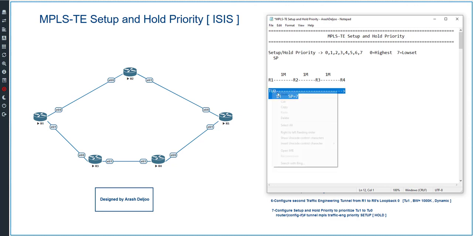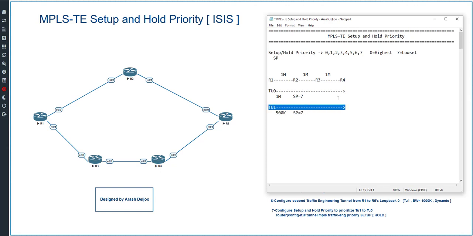Assume that we are configuring the next tunnel, for example, tunnel 1, and tunnel 1's requirement is, for example, 500 kilobits per second. And you know that the default setup priority of every tunnel is 7. Because of that, this tunnel should not come up. Why?